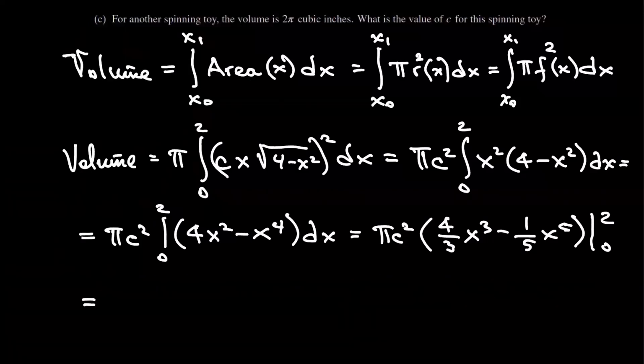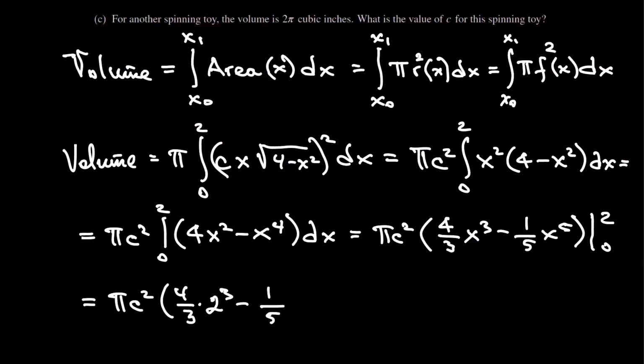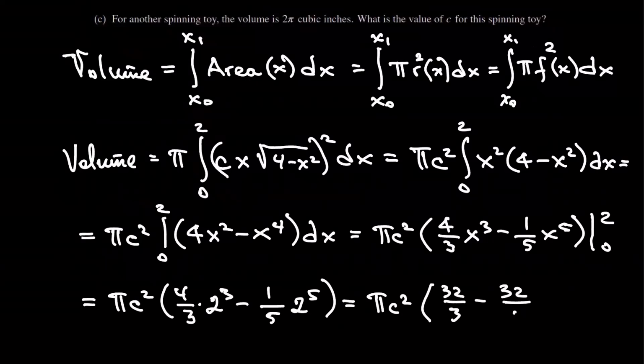Plugging in 0 gives 0, and plugging in 2 gives pi c squared times (4 over 3 times 2 cubed minus 1 over 5 times 2 to the fifth power), which is equal to, simplifying, pi c squared times (4 times 8 over 3, which is 32 over 3, minus 32 over 5).